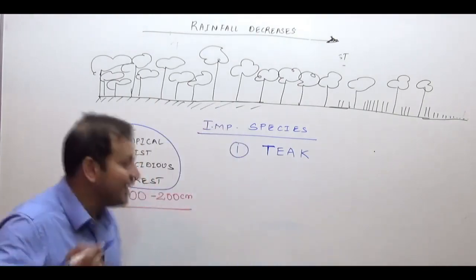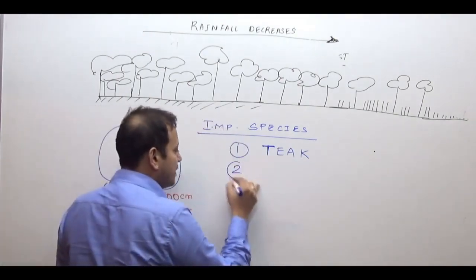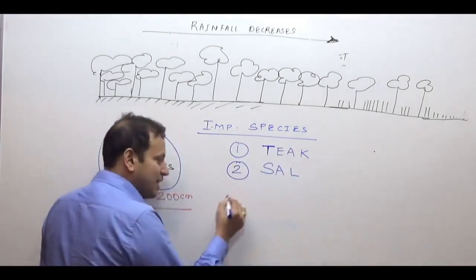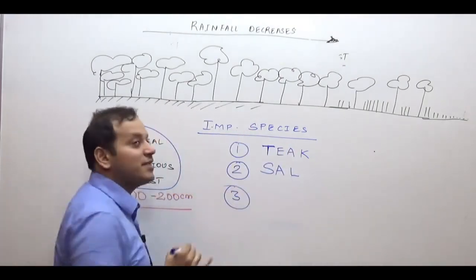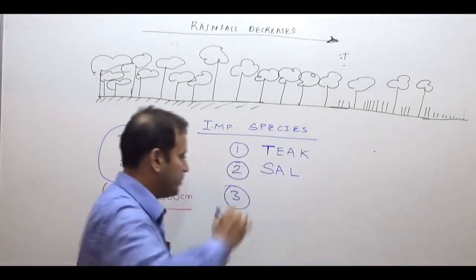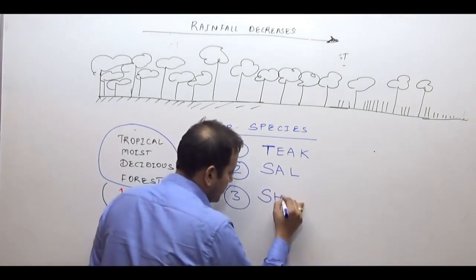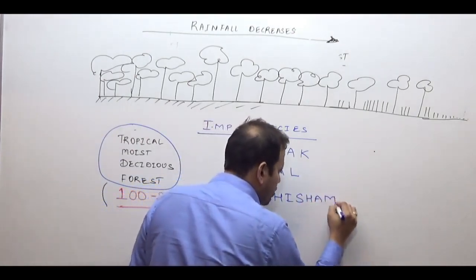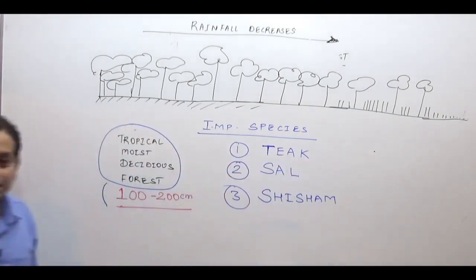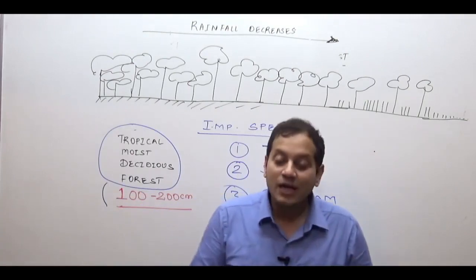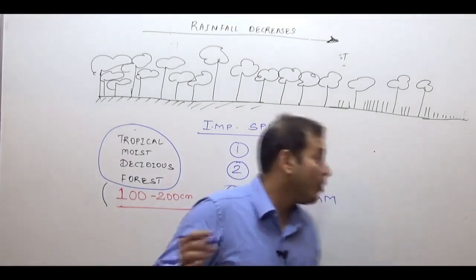Then again one wood which is commercially important, that is sal, is the other important species. Third important species is shisham. All of them are commercially important.